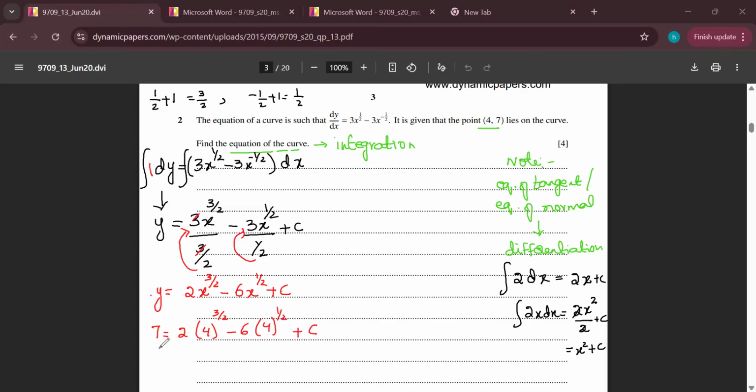When you simplify all this, you will find the value of c as 3. So therefore, your equation of curve will be y is equal to 2x to the 3 by 2 minus 6x to the half plus 3. I think all of you must have understood this, right?